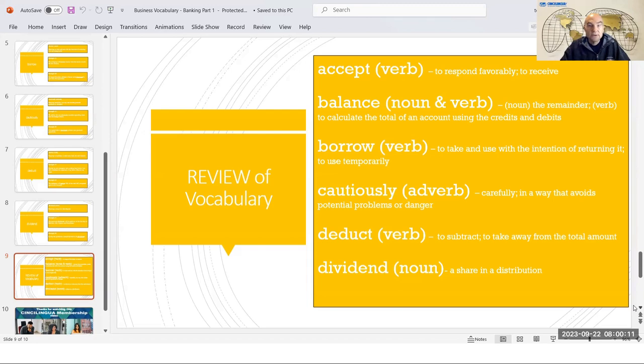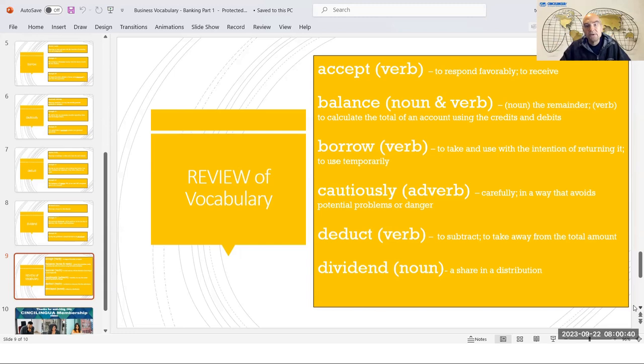Okay. To borrow is a verb. Remember, I said that in English, we need to distinguish this verb from the opposite, really, is to lend or to loan. When we borrow, we take and use money. It's often money, but it can be any kind of a good or an item.